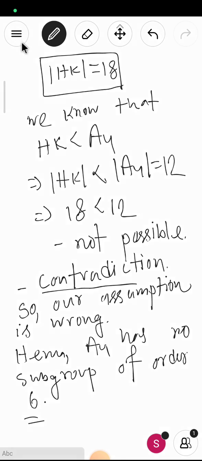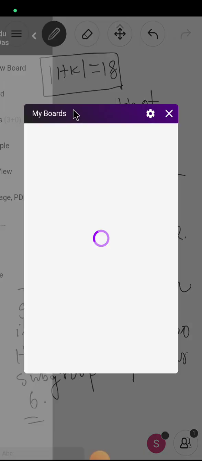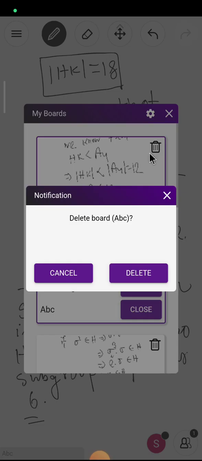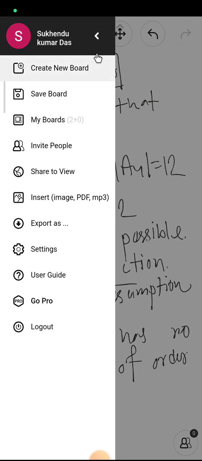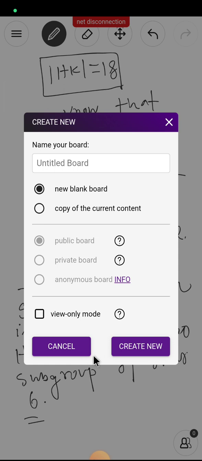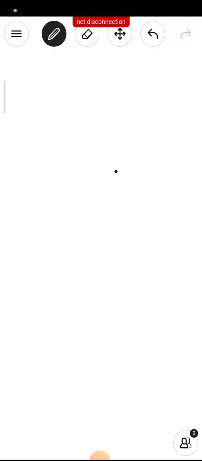So from here we can conclude what we get: A4 has no subgroup of order 6.